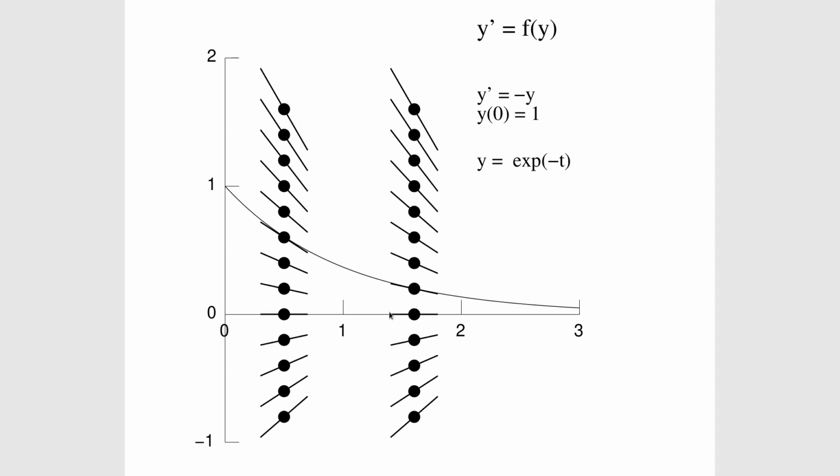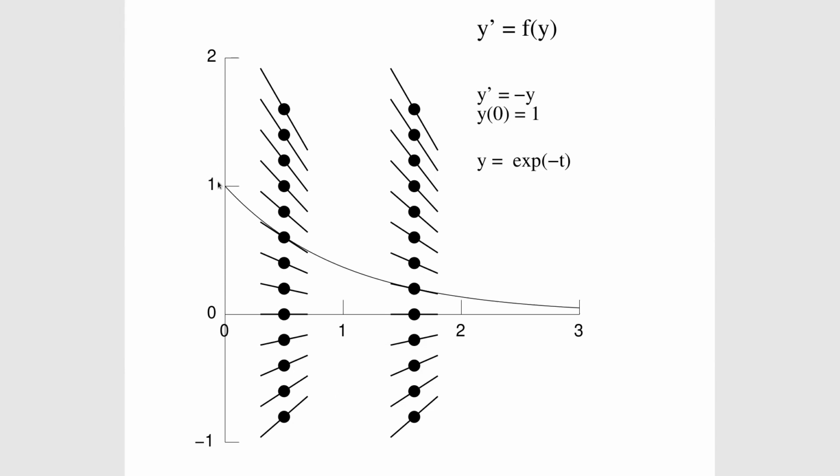All the points to the right of this represent potential solution points during a NEURON simulation. And at any point in this right hemiplane, the slope at that point is equal to minus 1 times the y coordinate for that point. So the farther you get away from the x-axis, the steeper the plots become, either in a negative direction or in a positive direction.